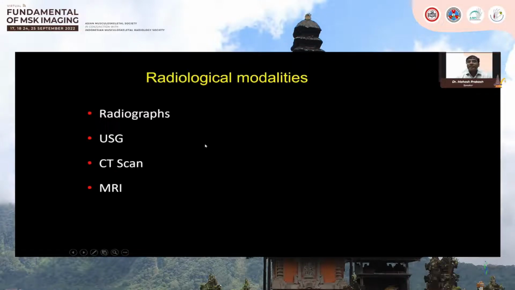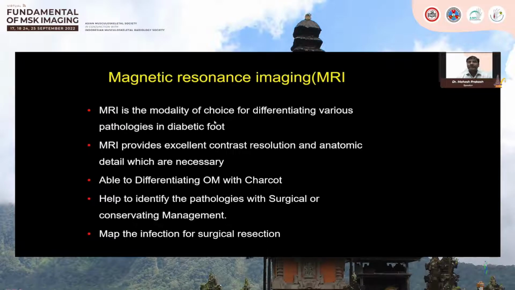Today we'll only discuss the role of MRI in diabetic foot. MRI provides excellent soft tissue contrast resolution and anatomic details. That's why it's the modality of choice for differentiating various pathologies in the diabetic foot.